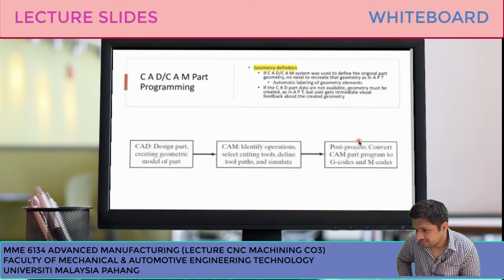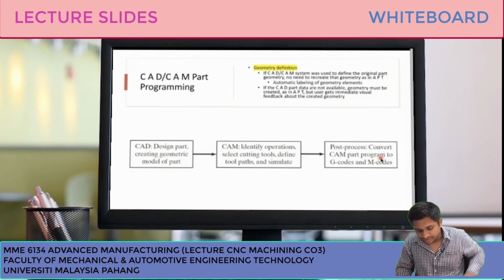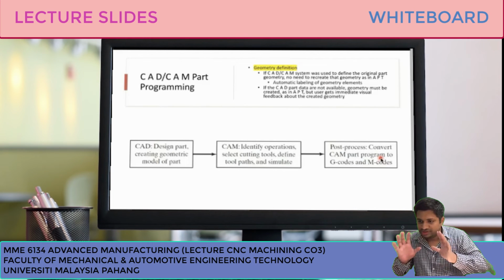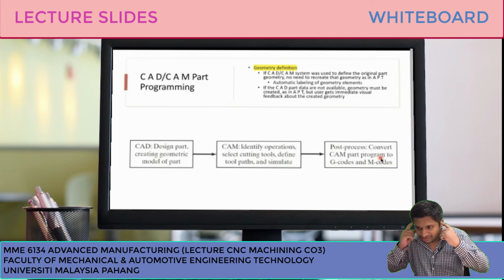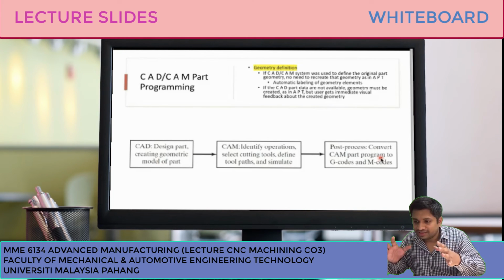After CAD modeling, what was the step? After CAD modeling, we need to identify the operations such as cutting tool, define the tool path, and do the simulation. Then at the end, post processing is carried out to convert the CAM part to G and M code. The CAD model which is in our brain is simulated by the software.